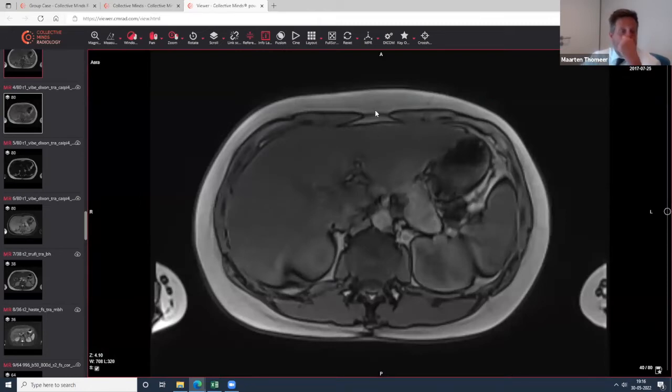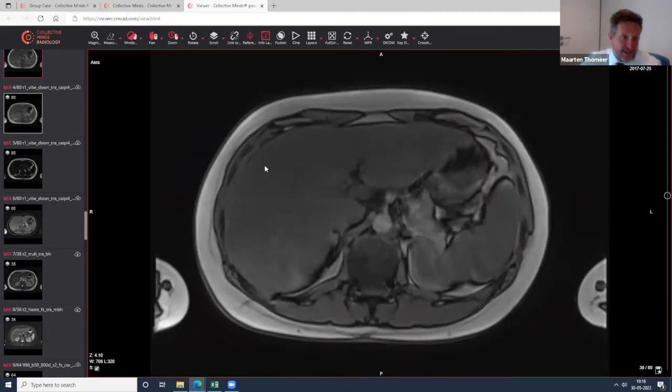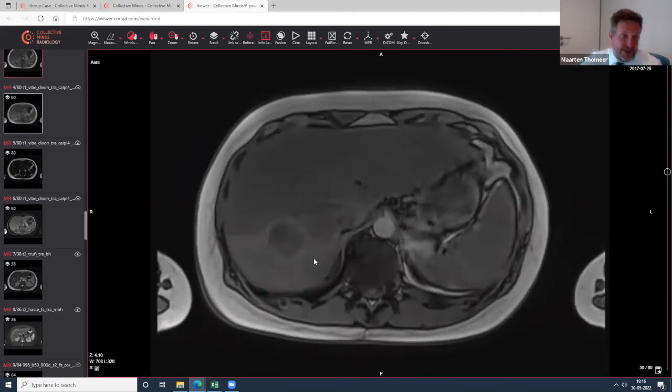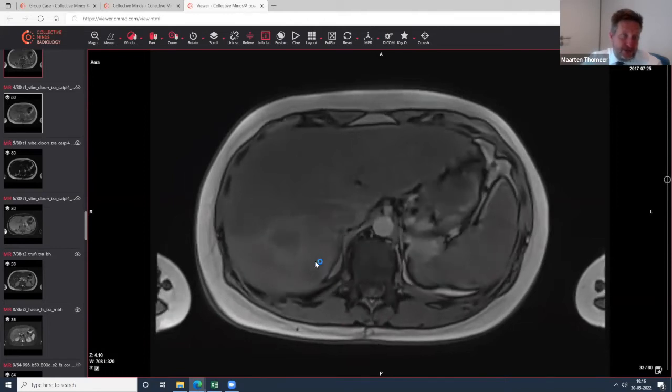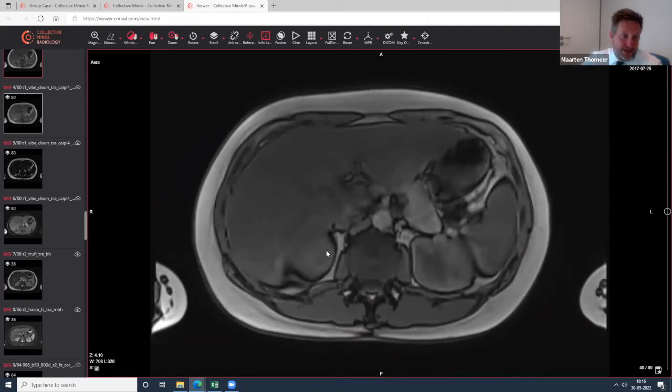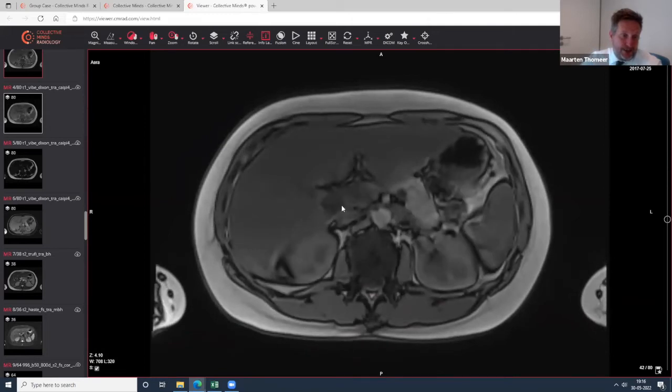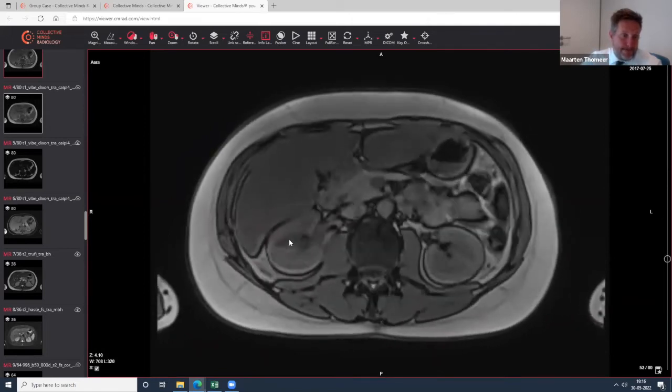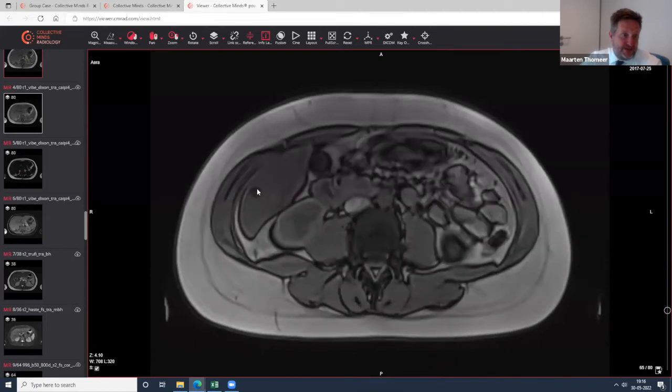What's particularly interesting in this case is that the patient has gained weight, and there is steatosis of the liver, and there is a new lesion here, which is full of fat, and the other lesion here in segment 9 is also full of fat. And this was the third lesion, which is not changed.